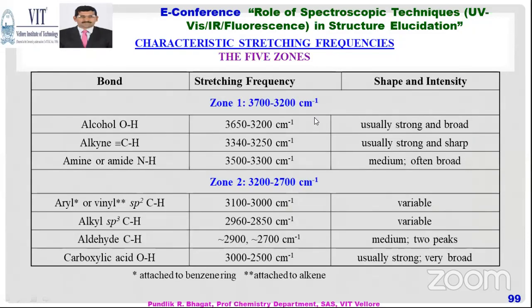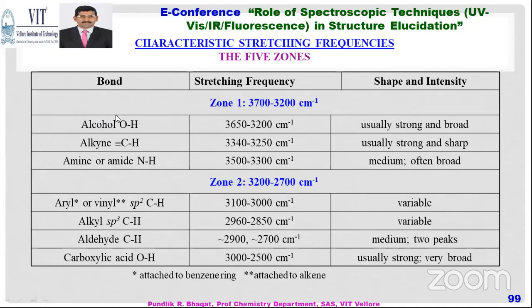So region one: if any researcher remembers these 5, if you mug them up or write them 4 or 5 times, it is helpful to remember which group is present in my sample and which are the expected groups.